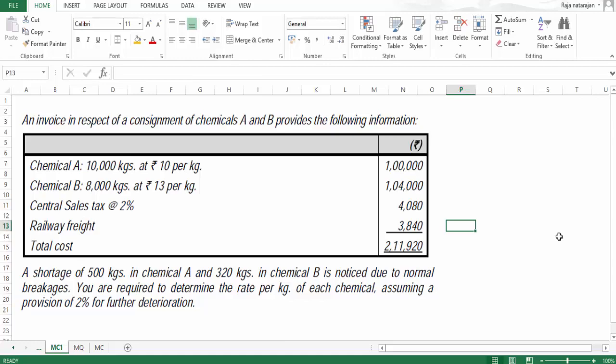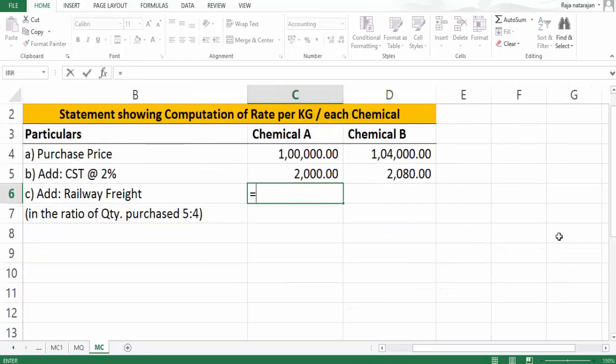The total amount 3,840 is for 5 plus 4, so the denominator is 9, and the numerator is 5. If I do that, I get 2,133.33, the proportion of railway freight for chemical A.